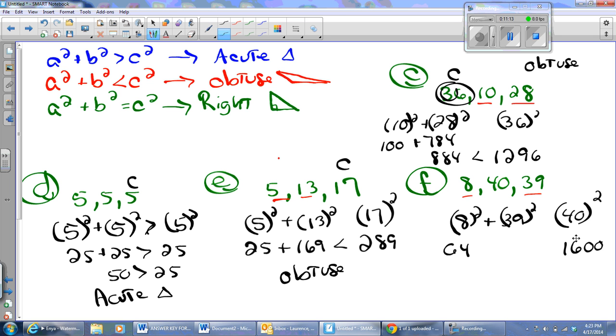It just seems so large. Yeah, sure is. All right, and then I got to do 39 squared, and that is going to be 1,521. Now, if I add 64 there, I get a 5, I get an 8, I get a 5 and a 1, and that is less than 1,600, and so this one is also obtuse.